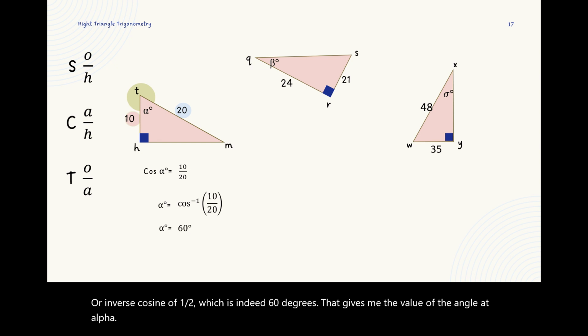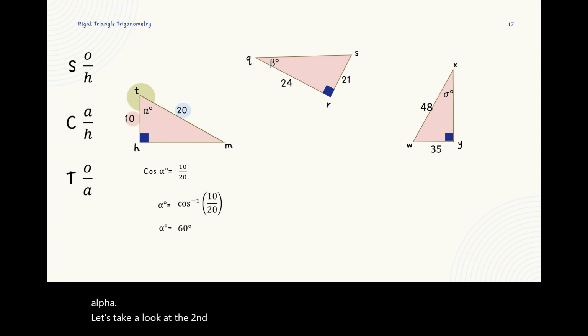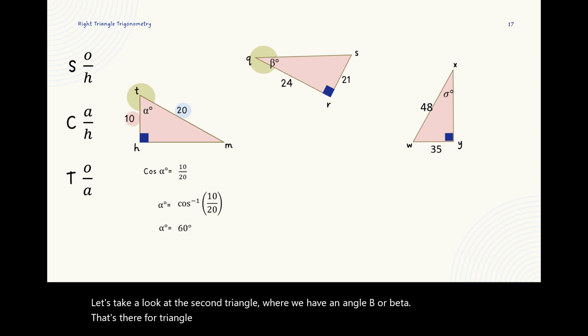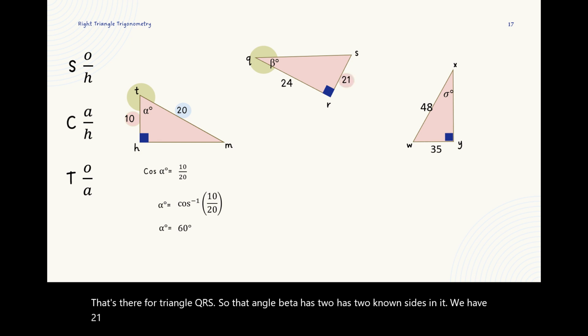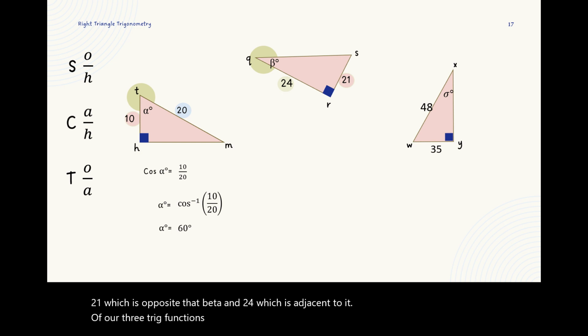Let's take a look at the second triangle where we have an angle B, or beta, for triangle QRS. So that angle beta has two known sides. We have 21, which is opposite that beta, and 24, which is adjacent to it. Of our 3 trig functions, the one that uses opposite and adjacent is our tangent function.